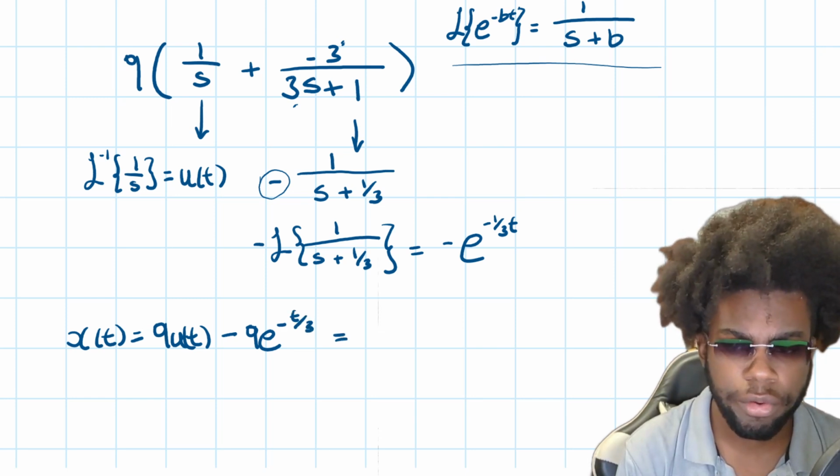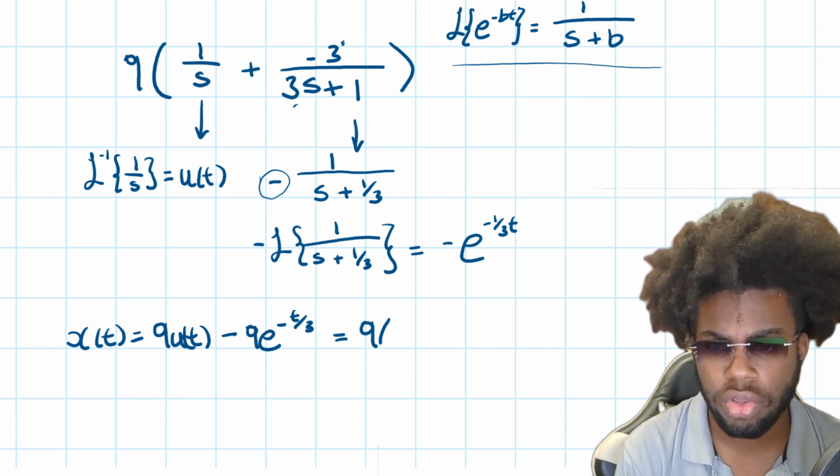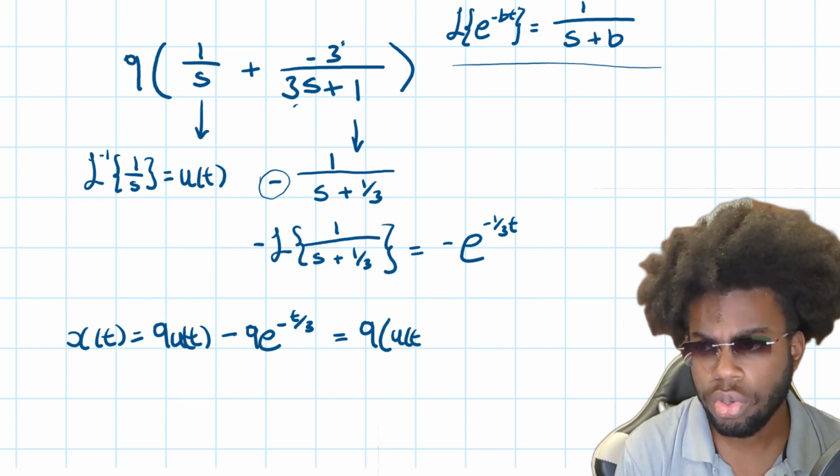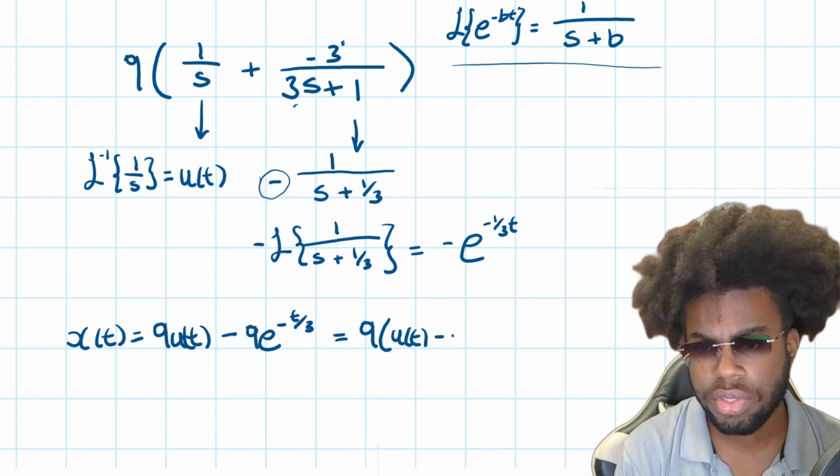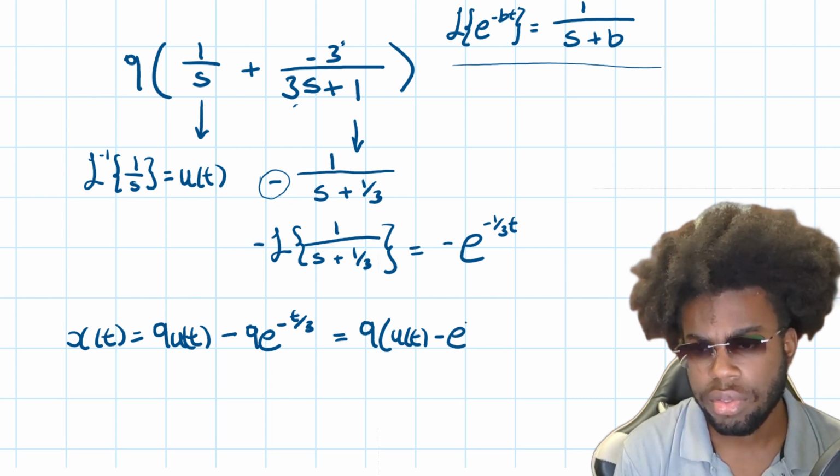Or if we prefer to pull the 9 back to the outside, it would be 9 times u of t minus e to the minus t over 3.